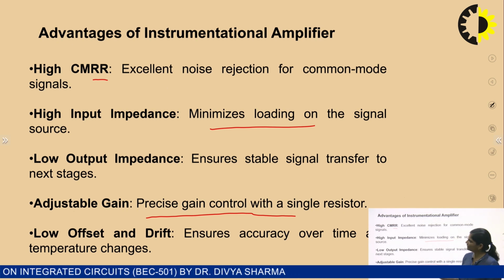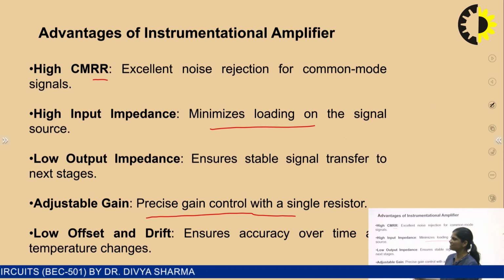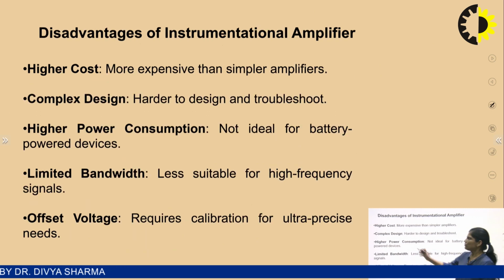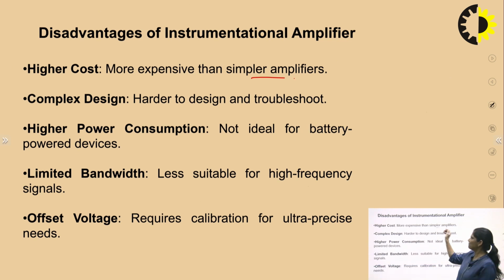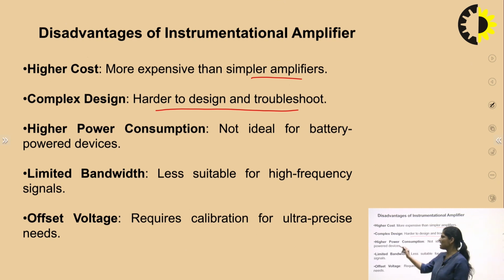Now, this instrumentation amplifier has advantages, but there are disadvantages also. Its cost is very high, more expensive than simpler amplifiers. Its design is very complex, so harder to design and troubleshoot. The third disadvantage is higher power consumption, not ideal for battery powered devices.